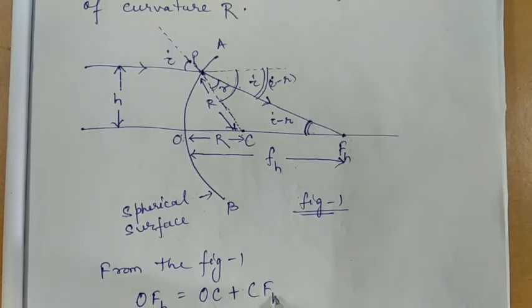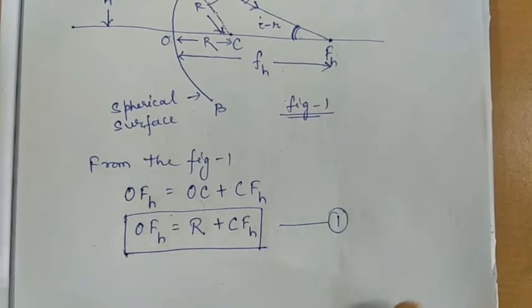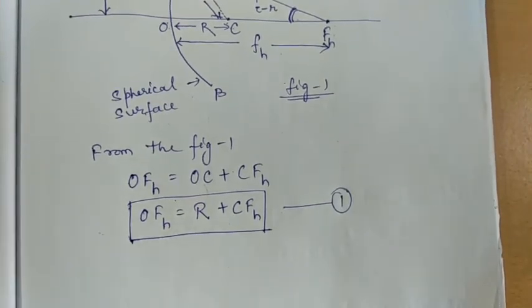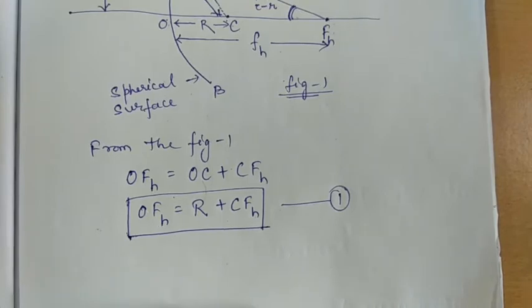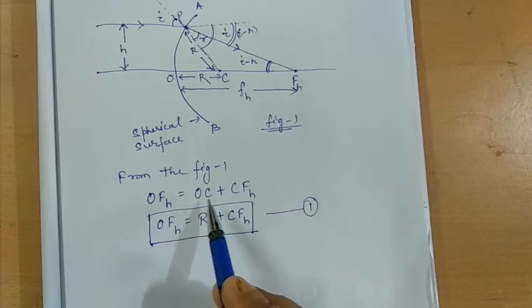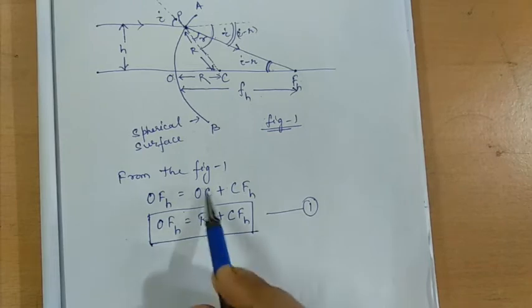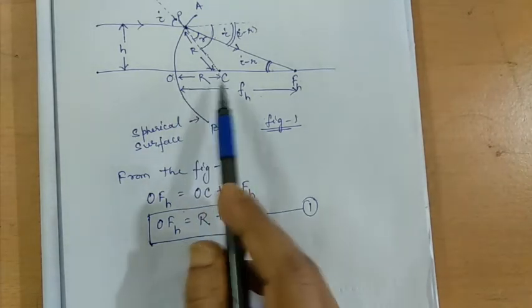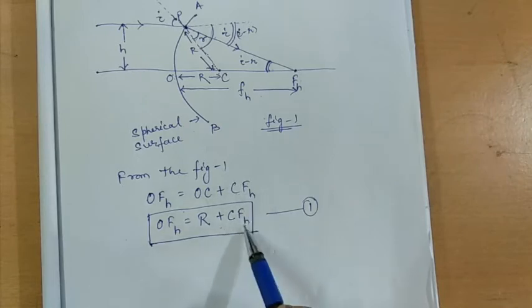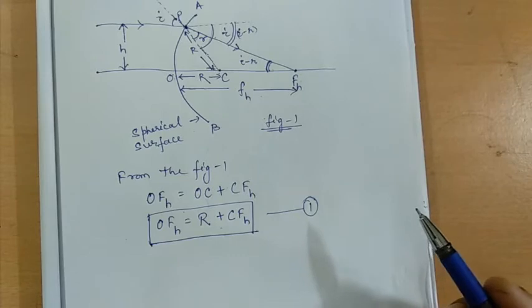You don't know the CFH value, so let it be as it is. Let's say this is my equation 1.